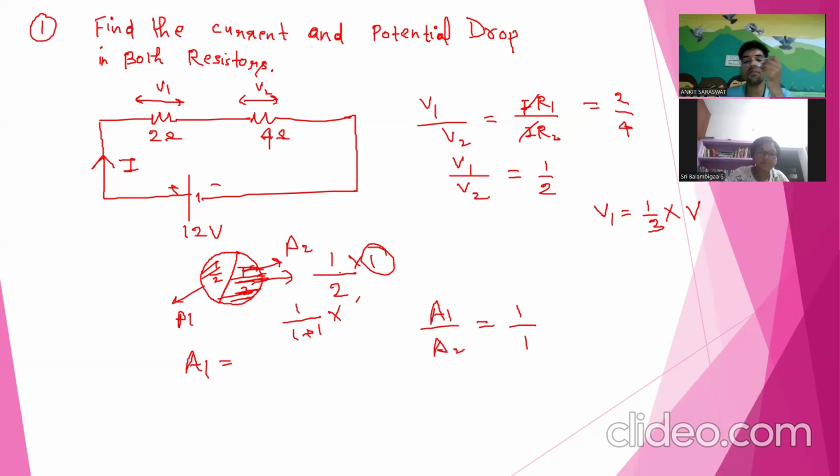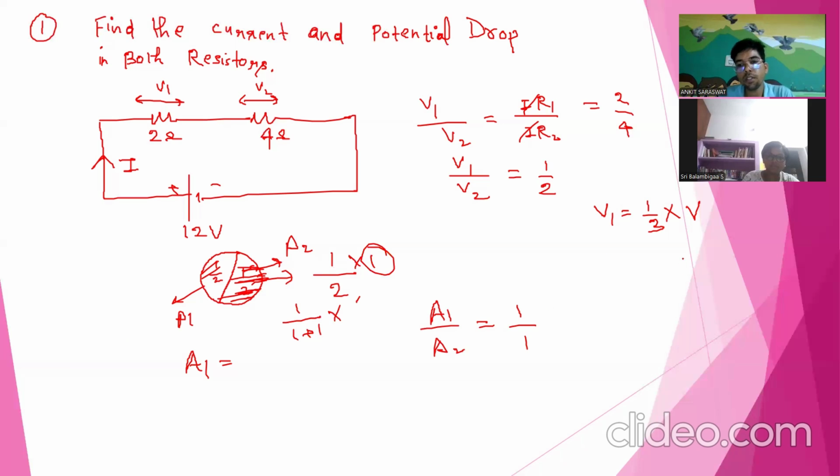You have learned ratios, I think. Voltage is divided across R1 and R2 in what ratio? 1:2. And total voltage is 12 volt. This is going to be distributed among R1 and R2 in the ratio 1:2.